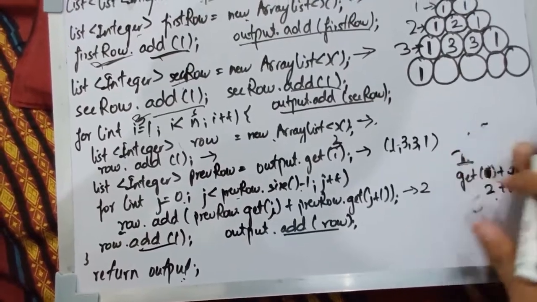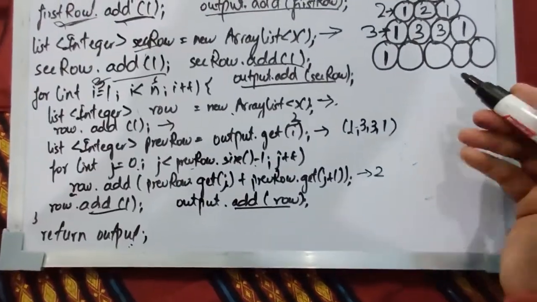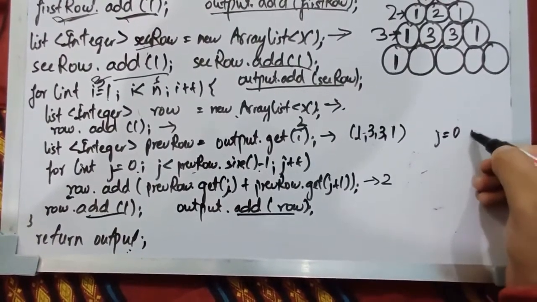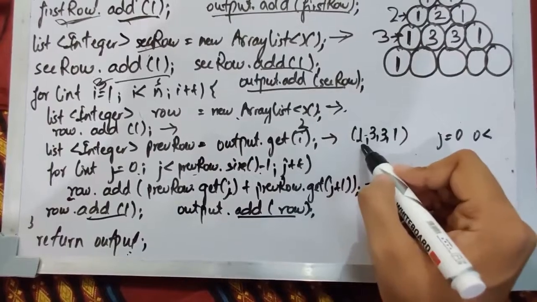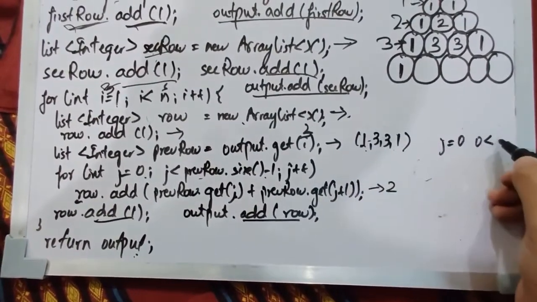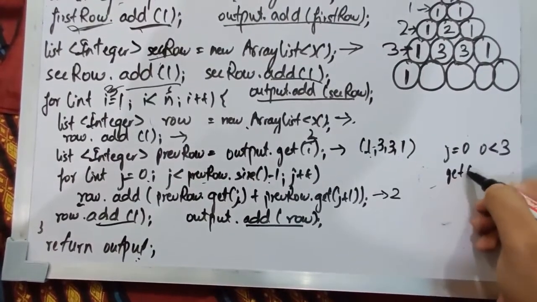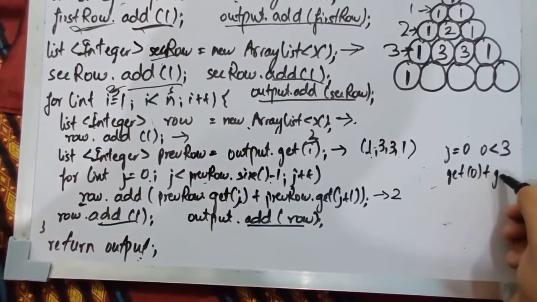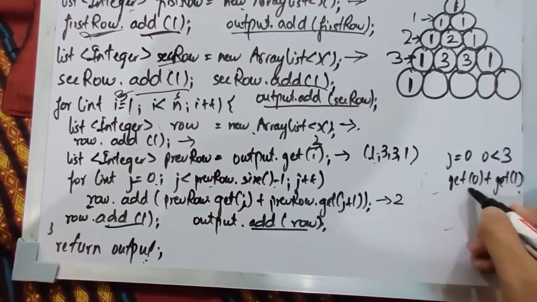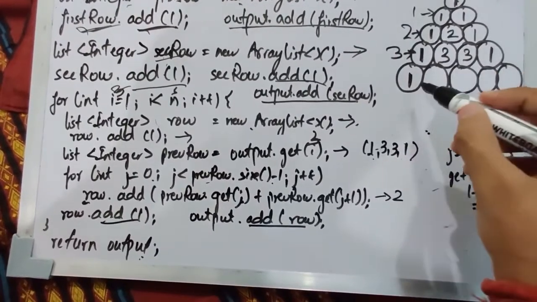Let me erase all this. So now j equals 0 and 0 is less than the size, what's the size? 4 minus 1 is 3. So this condition is true, so it will get 0 plus get 1, which is 1 plus 3. So 1 plus 3 is 4, so it will write down 4 here.